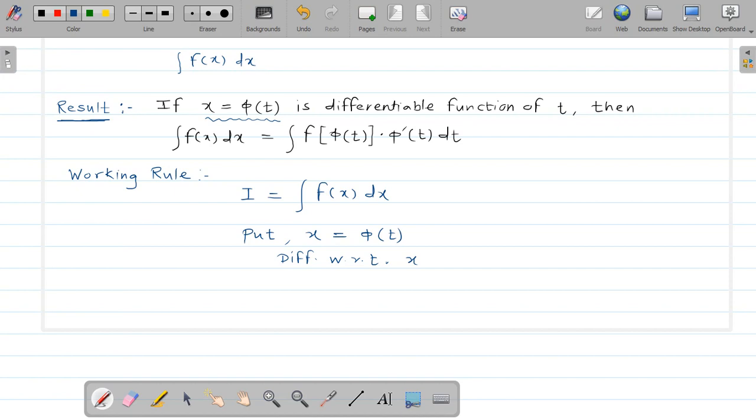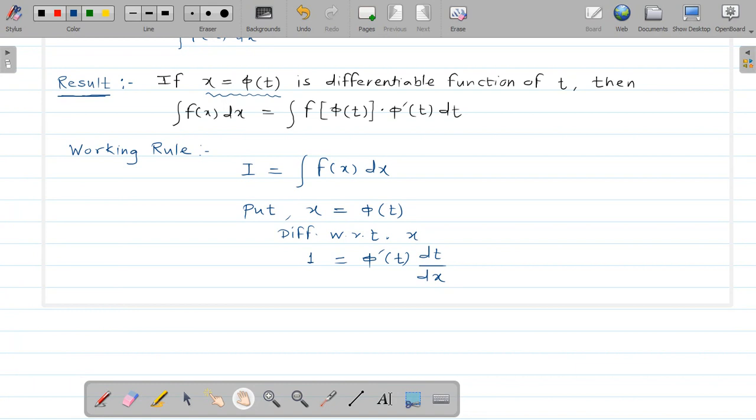Now by differentiating both sides with respect to x, the derivative of x with respect to x is 1, which is equal to the derivative of phi of t with respect to x. We have to use the chain rule, so it is phi dash of t into dt by dx.